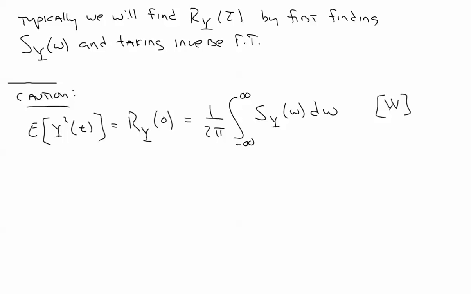Plugging in my output power spectral density, my mean squared value can be written this way. Okay, that's the way we could do it. All right. The mean squared value, or my autocorrelation evaluated at 0, is not found the following way.